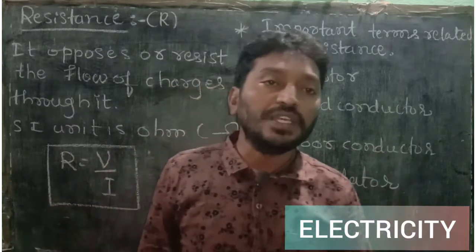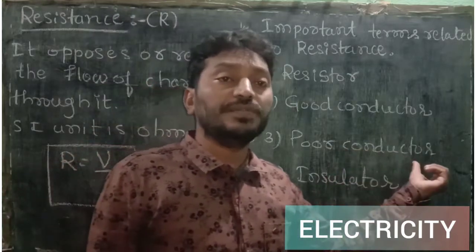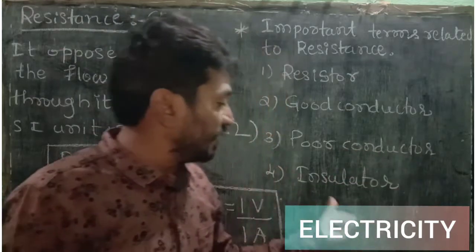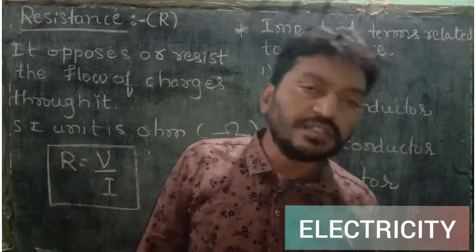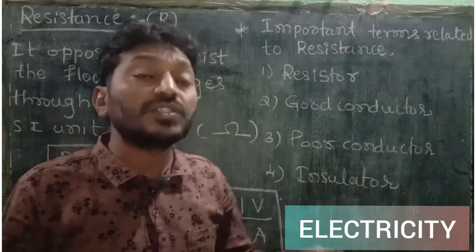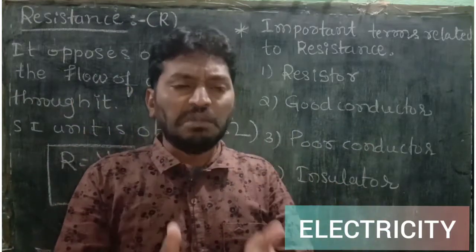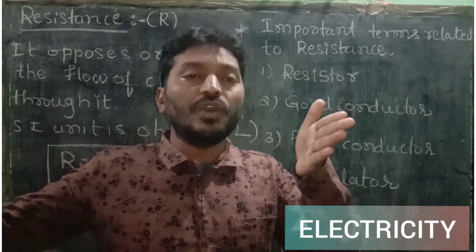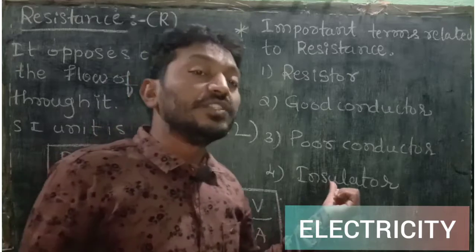You know, mercury, lead, and some others are poor conductors of electricity. And finally, insulators. What are insulators? Insulators are the materials which offer very high resistance to the flow of electric current. So they are called insulators.